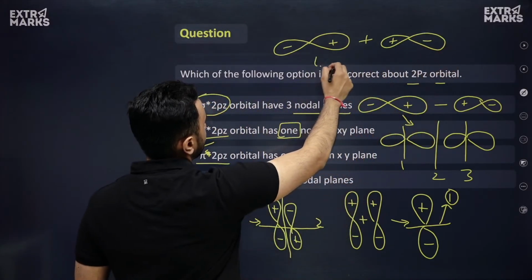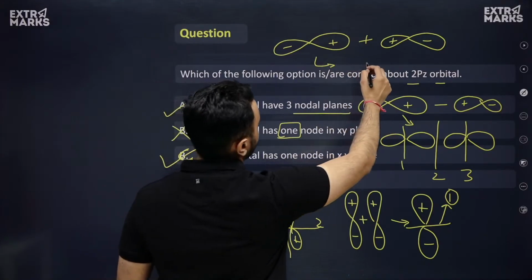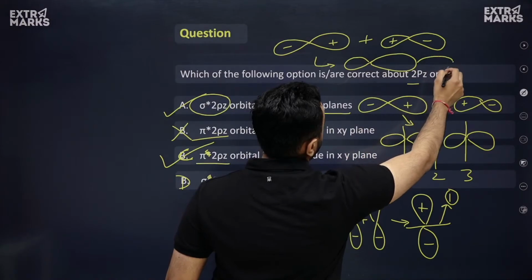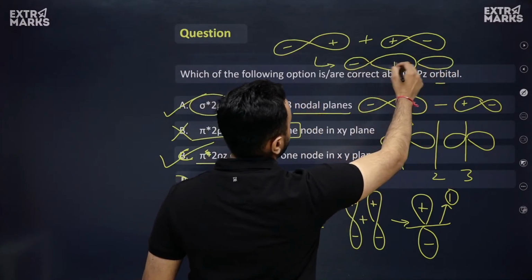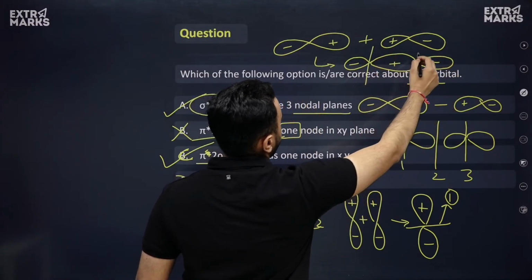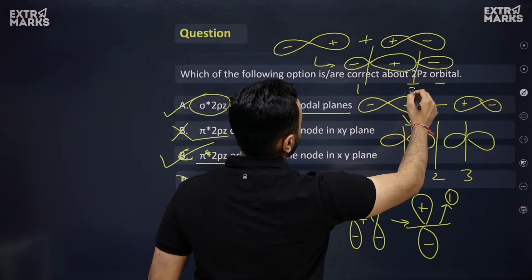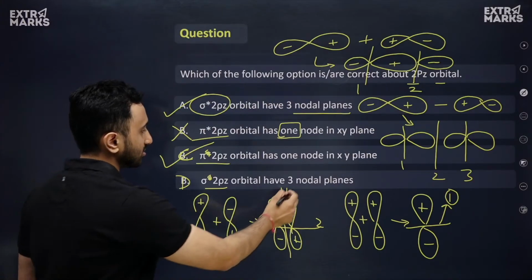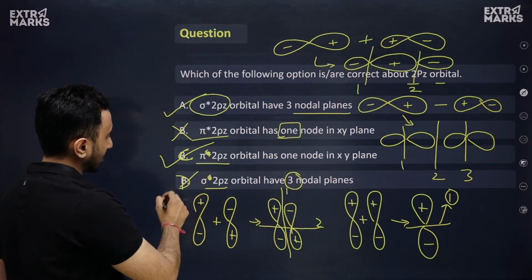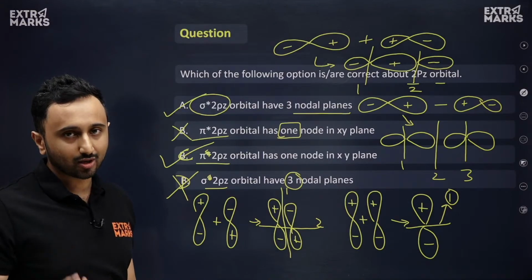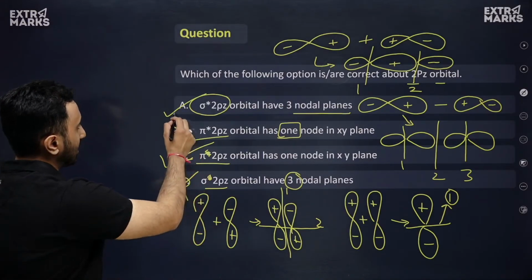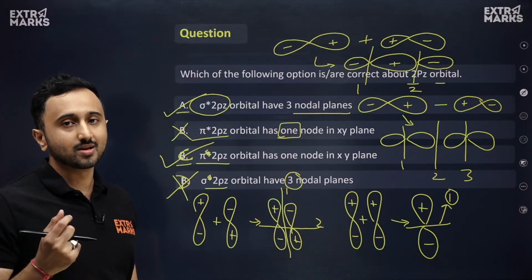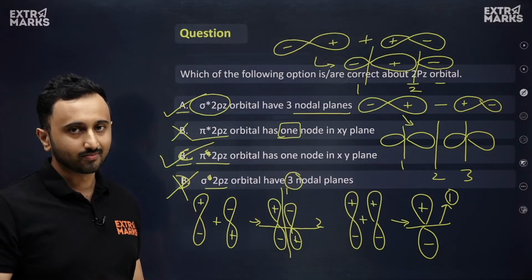Once you combine these atomic orbitals, you will find that this will be the final shape of the molecular orbital, minus, plus and minus. 1 and 2, 2 nodal planes. We do not have 3 nodal planes, no. So this is incorrect. So the correct options will be option A and C, right? So another very simple question from MOT.